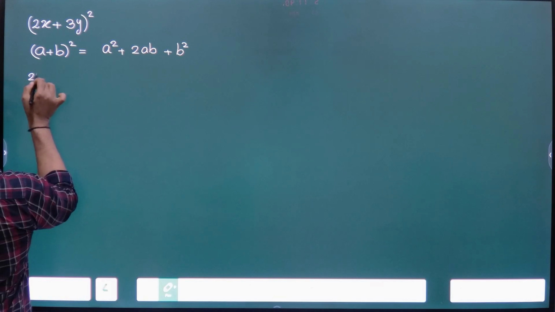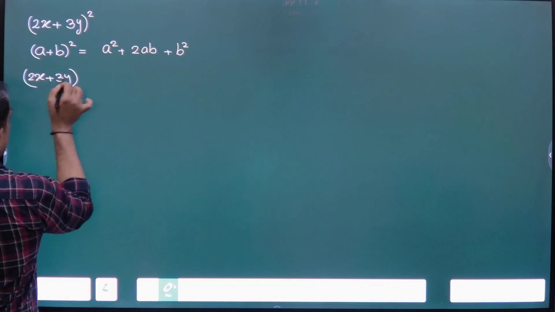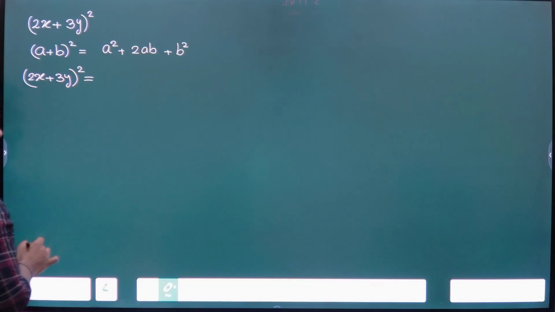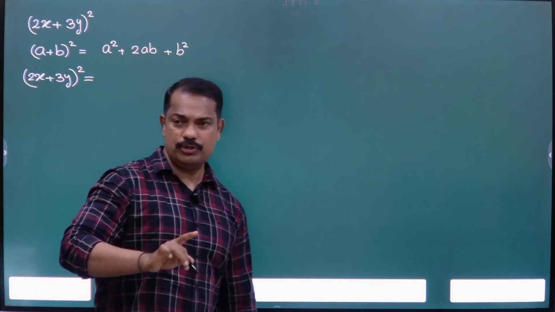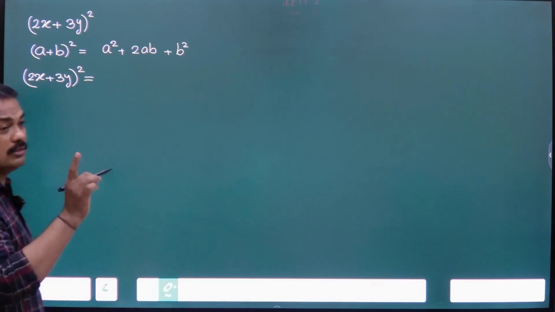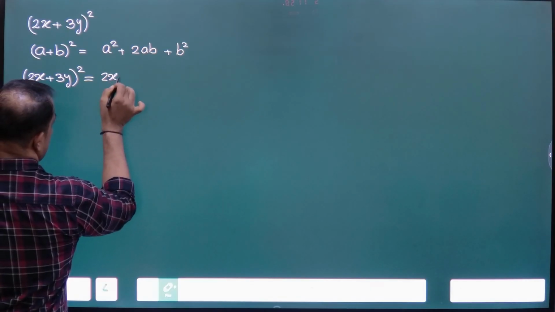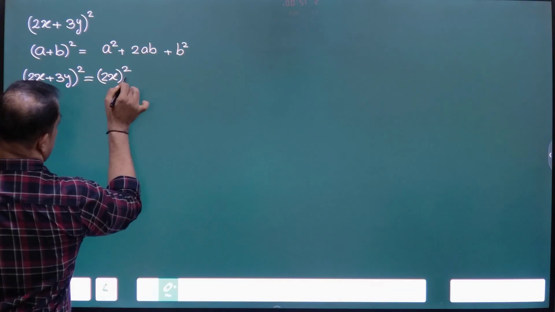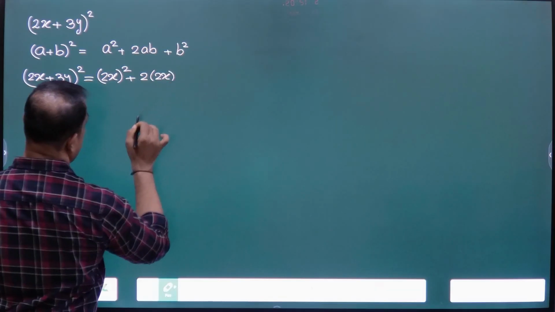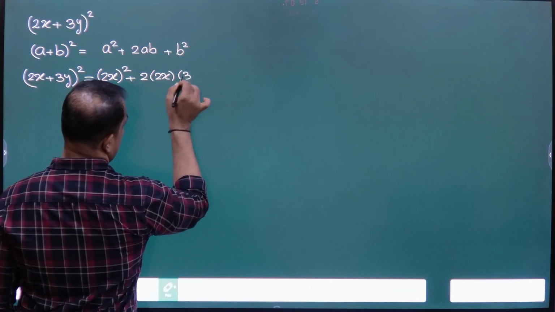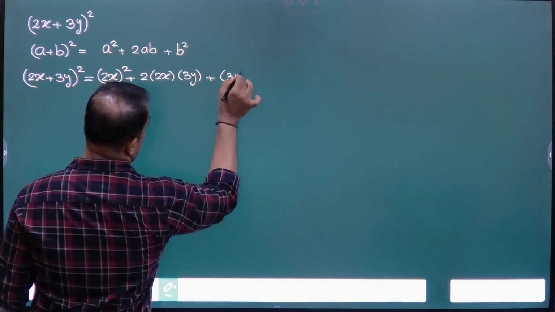So 2x plus 3y whole square. In this question, what is the value of a? 2x. What is the value of b? 3y. A is equal to 2x, B is equal to 3y. Substitute: 2x whole square plus 2 into 2x into 3y plus 3y whole square.